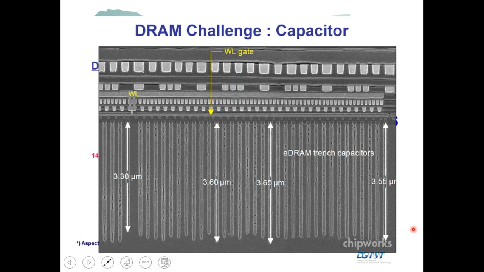Even Hwang, who was one of the presidents of Samsung semiconductor company, claimed Hwang's law, that the density of the number of transistors should be doubled every year. So that made the engineers crazy. I heard a kind of story.